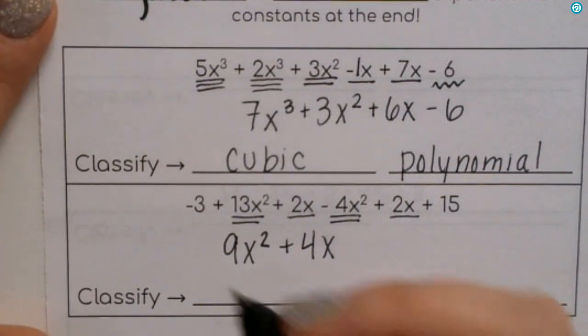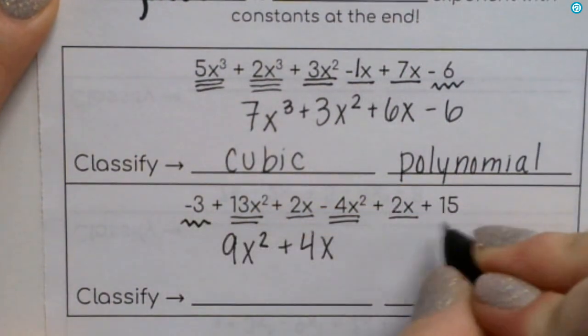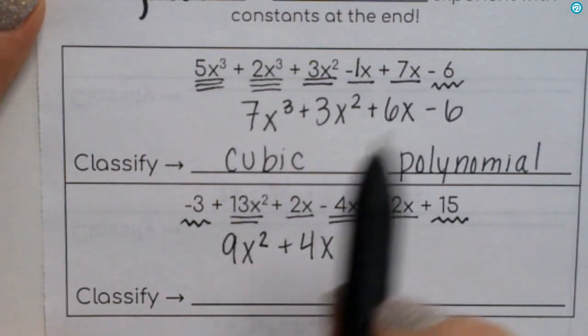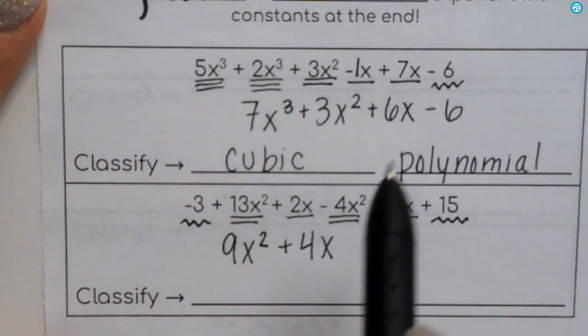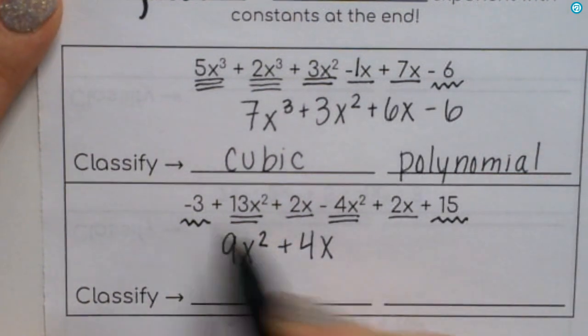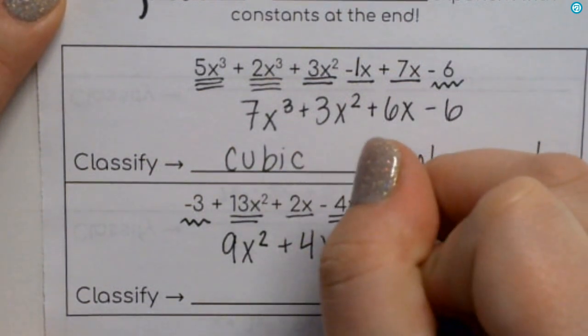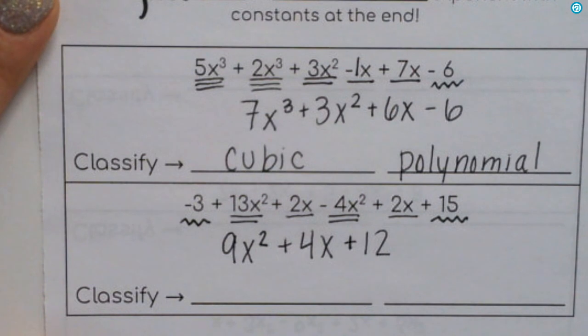And then this -3 and 15 can combine together. I use wavy lines with those ones since I already used a single line for just x. So -3 plus 15 is 12. If you guys need calculators to add together those coefficients, go for it, especially with the negative ones you might.